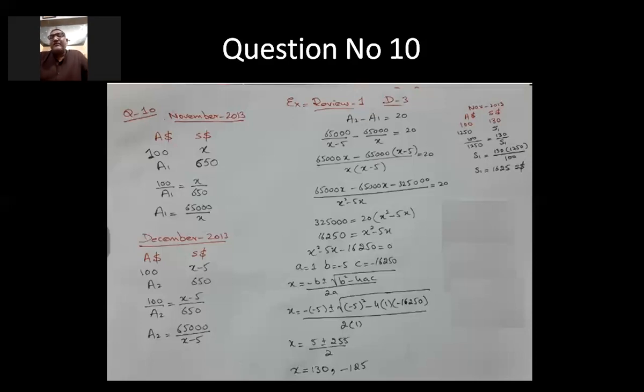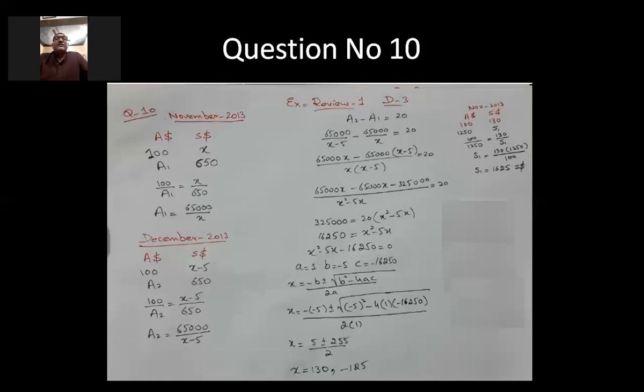So then what happens in December 2013, the rate of exchange between the Singapore dollar and the Australian dollar has changed a little bit. So now the 100 Australian dollars is equals to X minus 5 Singapore dollars. So if he exchanges 650 Singapore dollars, how many Australian dollars he will get? Okay, so that's the basic question.